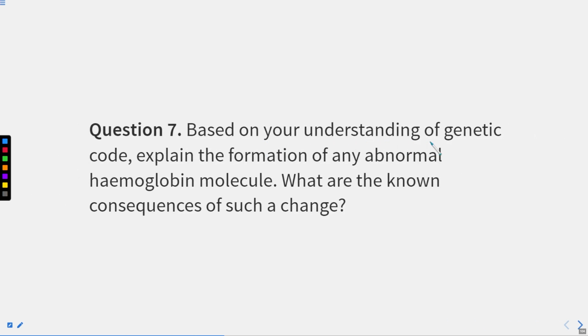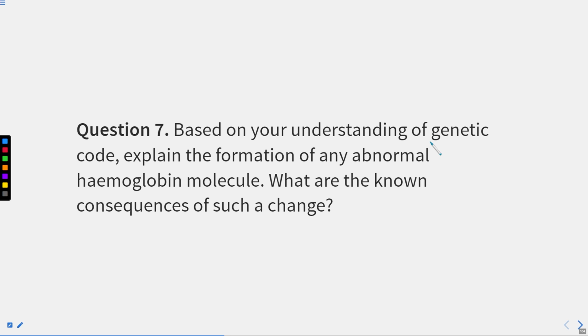All right. Question number 7. Based on our understanding of the genetic code, explain the formation of abnormal hemoglobin molecule and what are the known consequences of such a change. All right. So based on understanding of the genetic code, it is a trinucleotide.